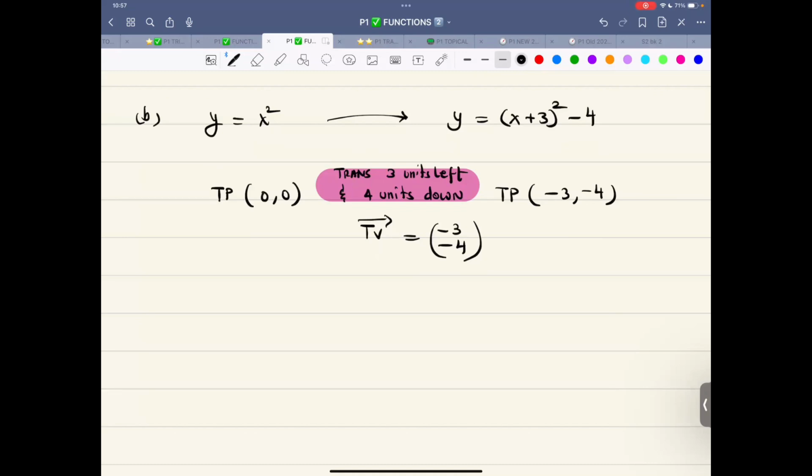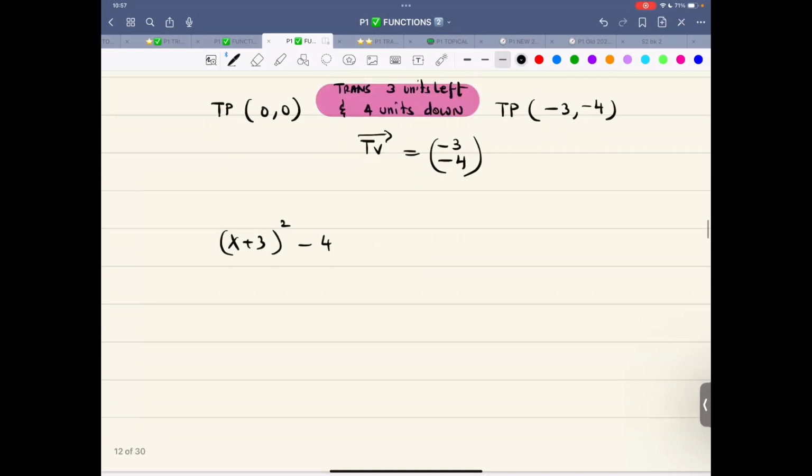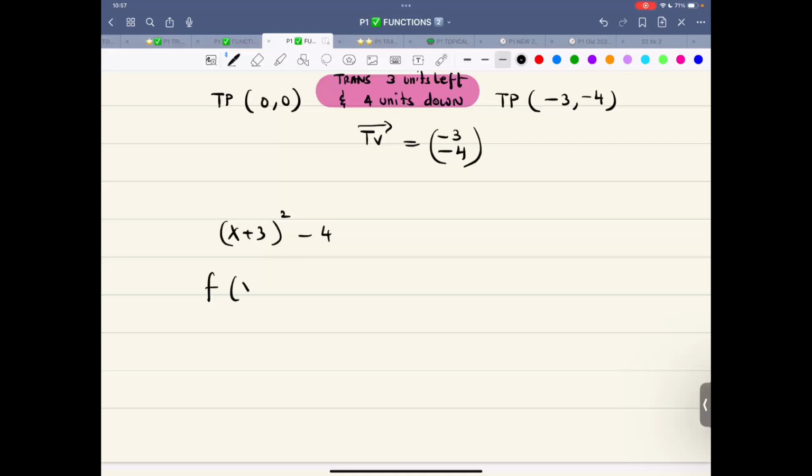Another way is we are focusing like this. This graph over here is the original one, plus 3 means 3 units to the left, and -4 means 4 units down. So this is f(x plus 3) whole square minus 4. That is f(x plus h) whole square minus k. So we know that a plus means h units left.